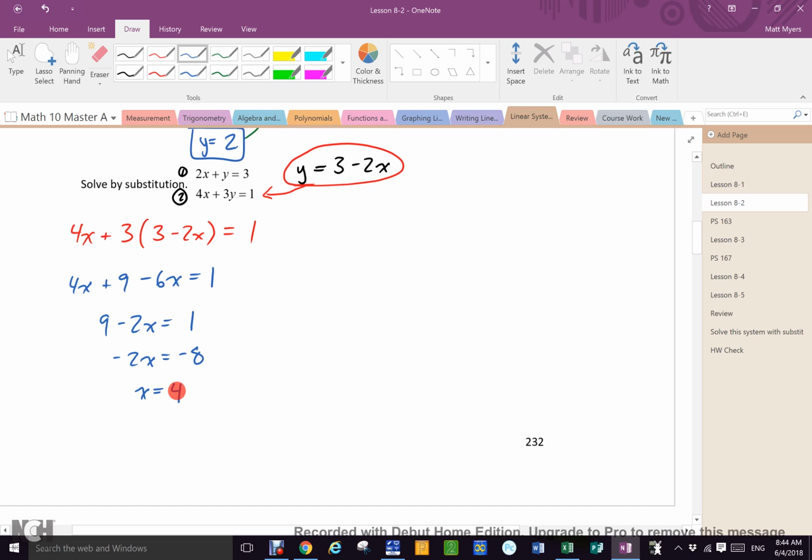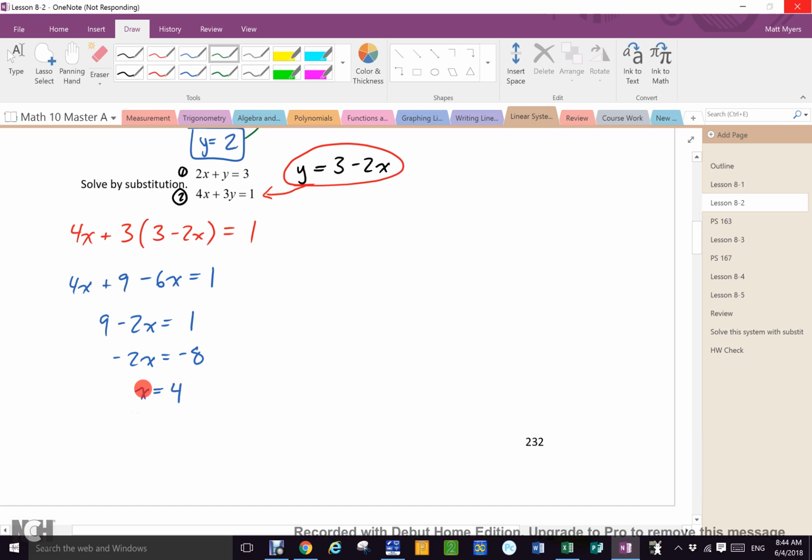Can everybody do that? You're probably not doing that as fast as I am, but that's okay. That doesn't matter. Once I know that, what do I do with this value? Take it back up because I'm missing an x.